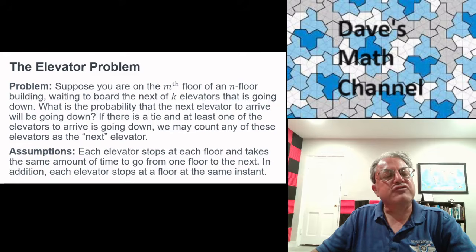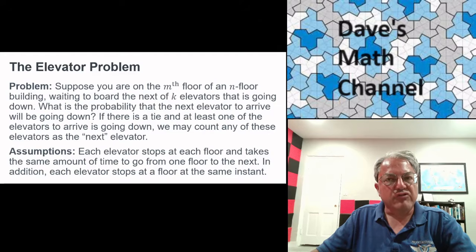And if there's a tie, then we can take any of the elevators if anyone's going down. So we can call any of those the next elevator. We have to make some simplifying assumptions, which are going to seem a little strange, but the real life problem is pretty close to having these assumptions.